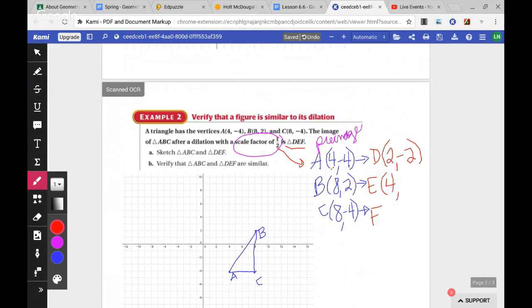Half of 8 again, half of -4, -2. I graphed the original, the pre-image in blue. Now we're going to graph the image in red. So 2, -2, 4, 1, and 4, -2.